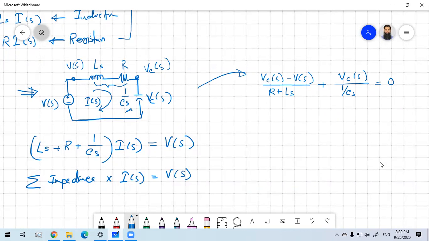So simple. You can also go for nodal or mesh analysis, whatever you like. And the third approach to the same problem can be using the voltage divider rule. So that was nodal, and also you can go for voltage divider.